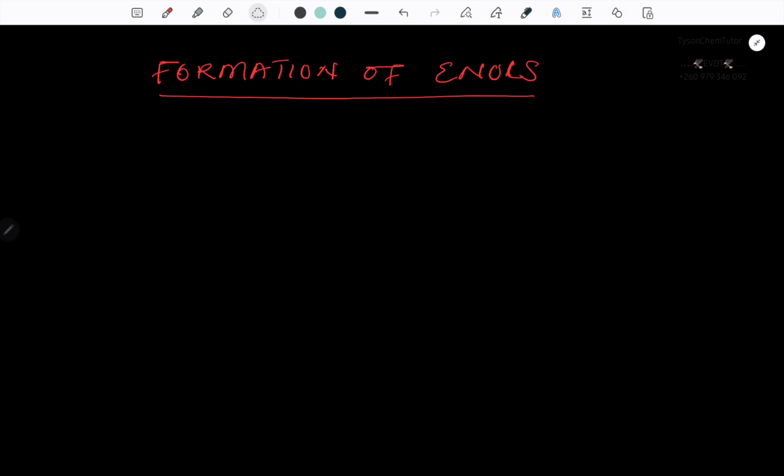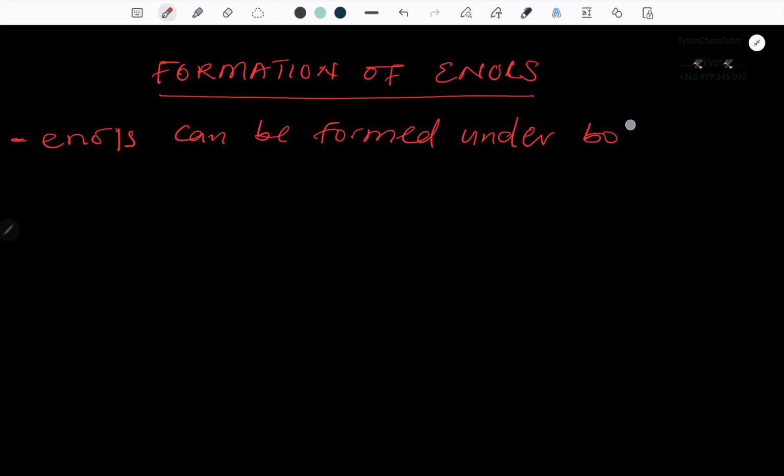You can take note. We can say enols can be formed under both conditions.